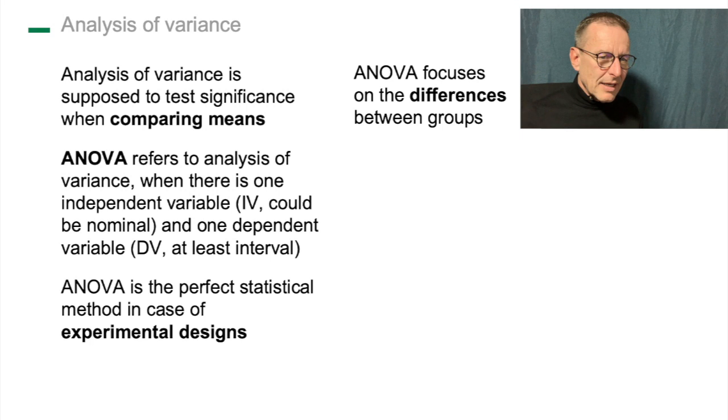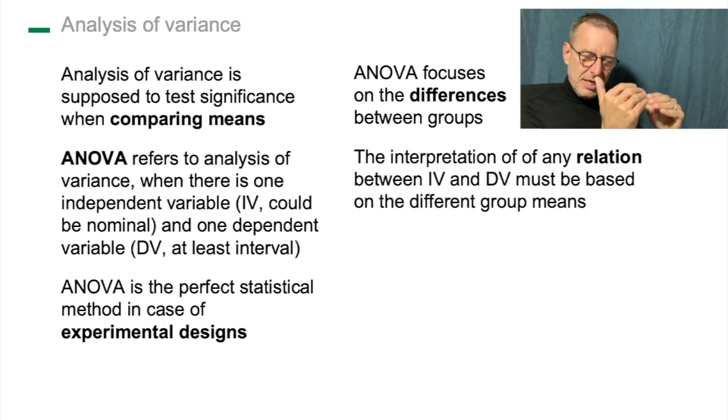And the ANOVA, the analysis of variance, is about looking whether the difference is really significant. The interpretation of the differences, the meaning, must happen based on the averages as such.